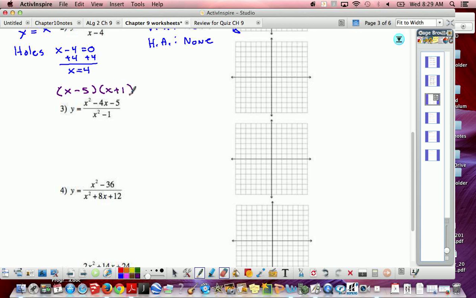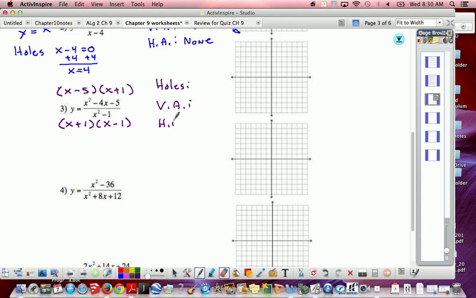Again, I'm looking at factors of negative 5 that add up to negative 4. X squared minus 1, those are both perfect squares, so I have x minus 1, x plus 1, x minus 1.